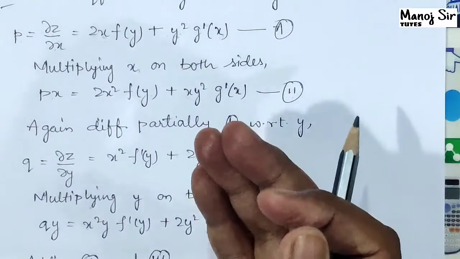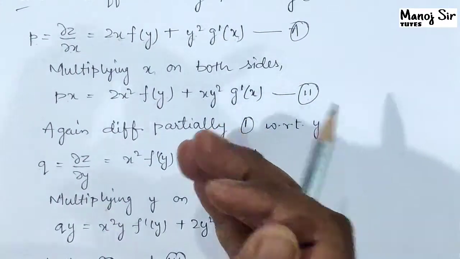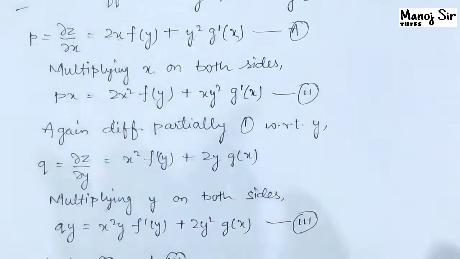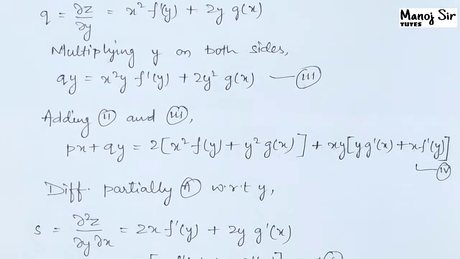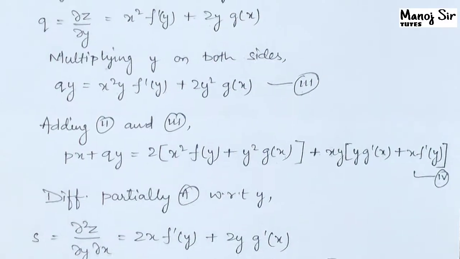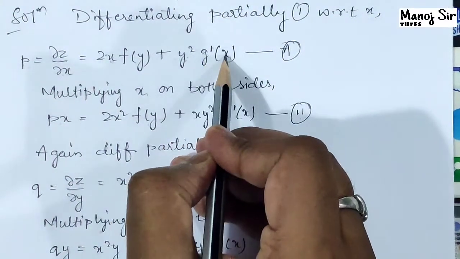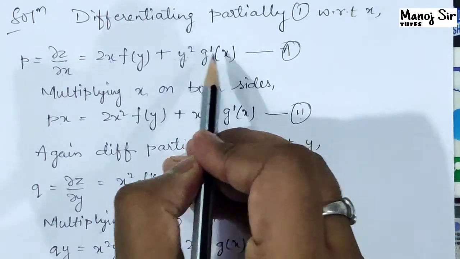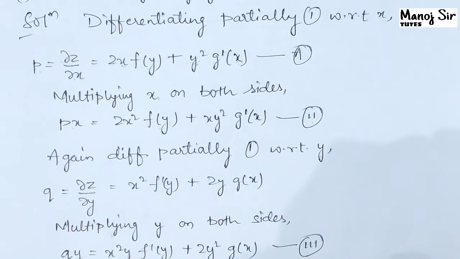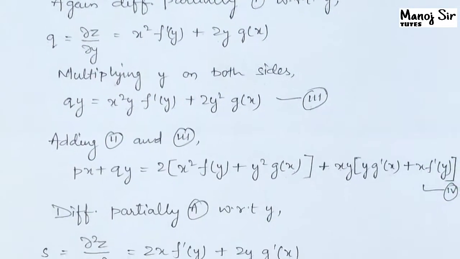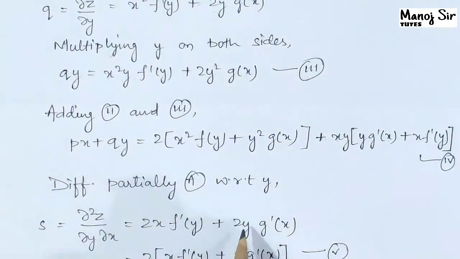Differentiating partially with respect to y, 2x will be as it is, so 2x into f dash of y. Again, here we have y square into g dash of x, and differentiating partially with respect to y, this will become 2y into g dash of x.